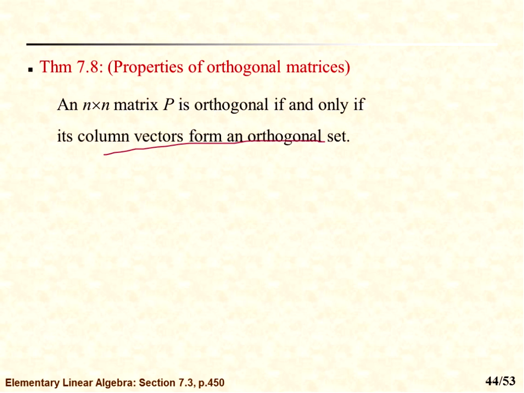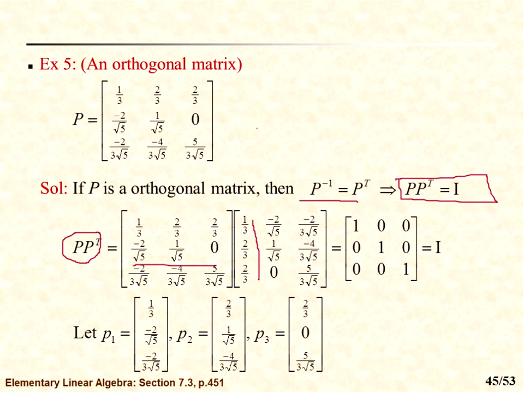You multiply these and you will get the identity matrix. So it means that P is an orthogonal matrix.